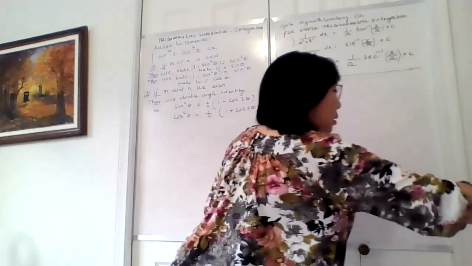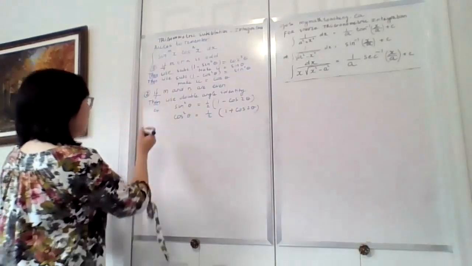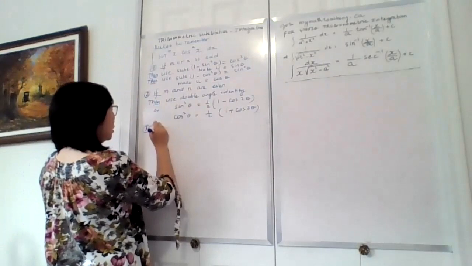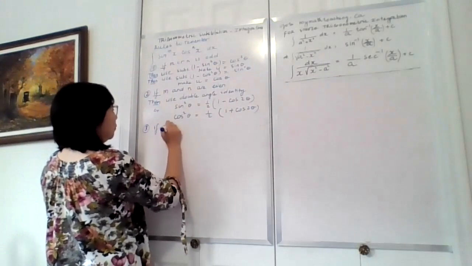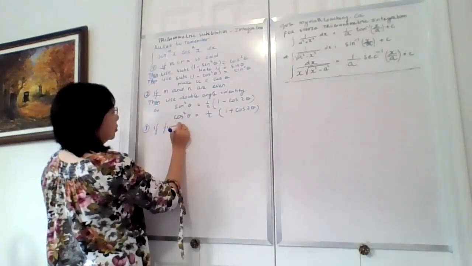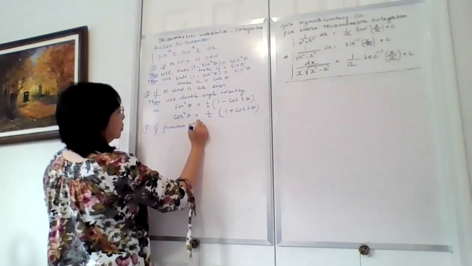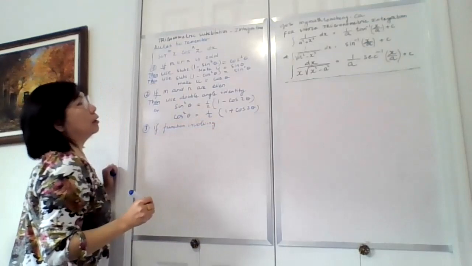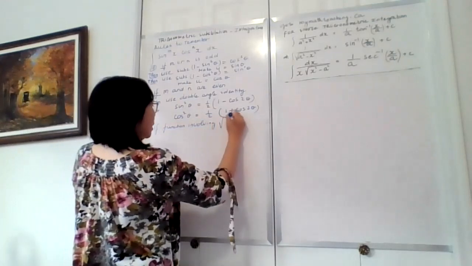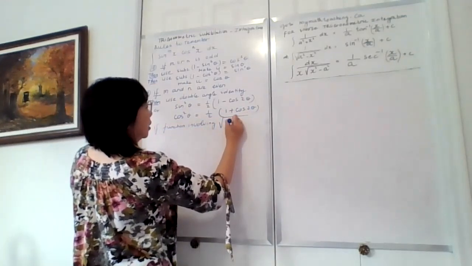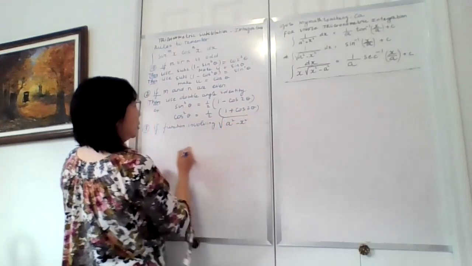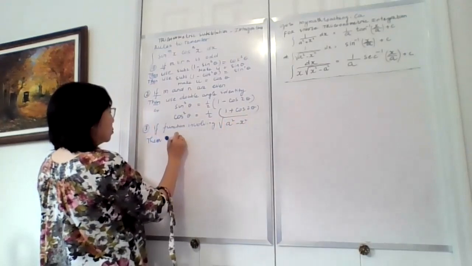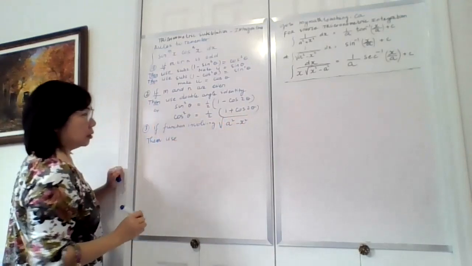Okay, now I'm going to give you a third tip as well. The third tip is if the function involves this kind of form, a square minus x square, then use what?